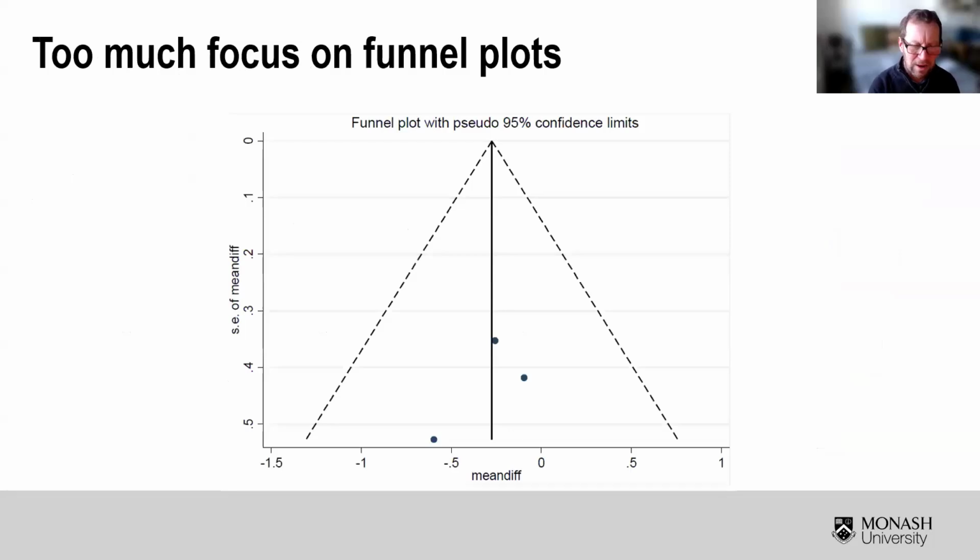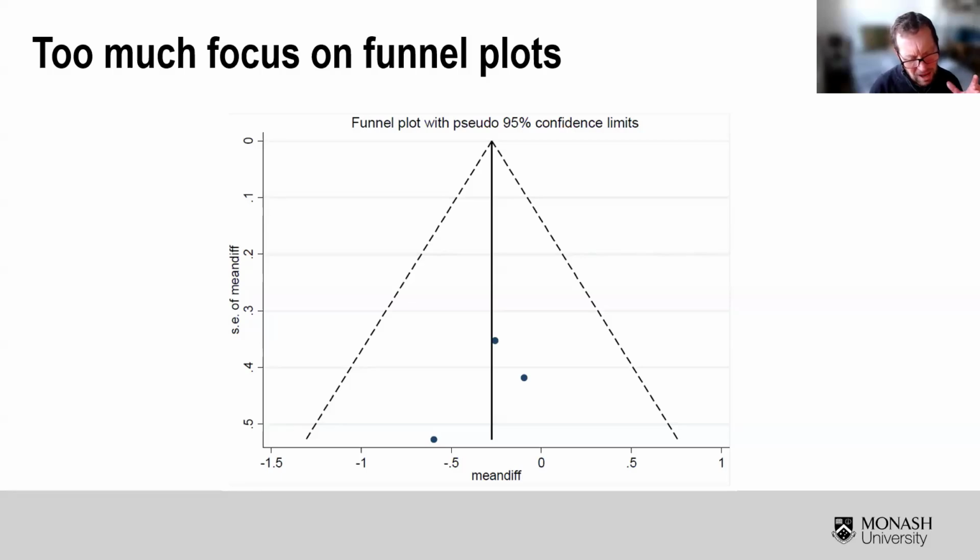Now, all the way back when Light and Pilmer introduced this idea, they proposed that funnel plots, which are simple scatter plots of some measure of a study's size on the vertical axis against the result on the horizontal axis, could be used to diagnose the presence of publication bias, or more generally non-reporting bias.